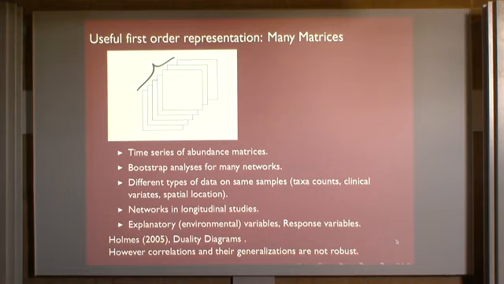We'll want to take into account distances between rows and columns using different metrics. So we have many different matrices. And I'll talk a little bit about what I like as an approach to that, which are called duality diagrams, which capture very well that we have different types of perspectives. One is to look at samples, and the other is to look at the taxa.